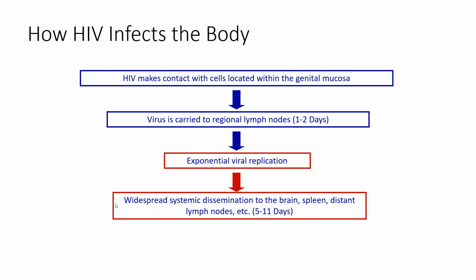So whenever the HIV or the human immunodeficiency virus makes contact with the cells which are located within the genital mucosa, with the help of these cells, which I will show you in the next diagram, which are the dendritic cells, the virus is carried to the regional lymph nodes, which would be the pelvic lymph nodes or the inguinal lymph nodes within 1 to 2 days.